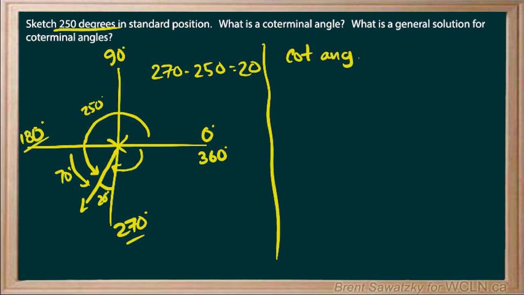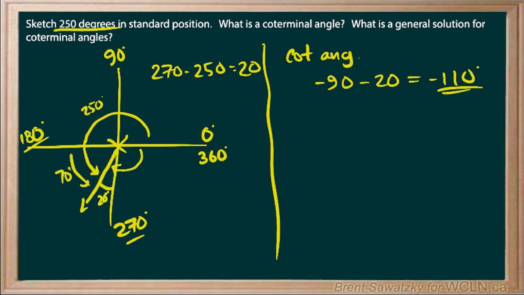If we're going to go negative to the same location, we would say we're going through that fourth quadrant. So there's 90 degrees we've gone through. And then we have to go another 20 degrees to get to there. And so we would say minus 110 degrees. And there's an example coterminal angle.